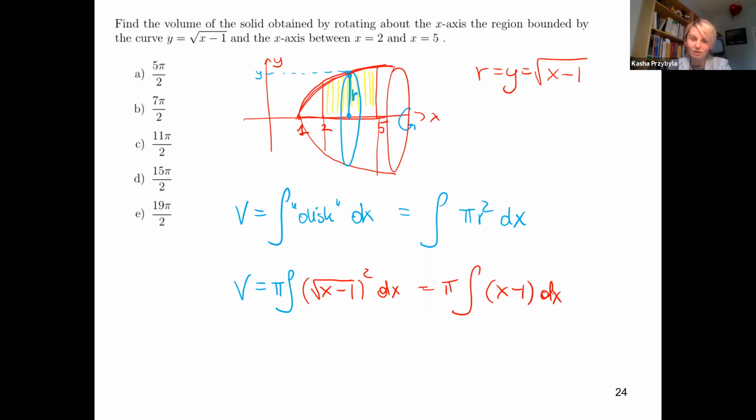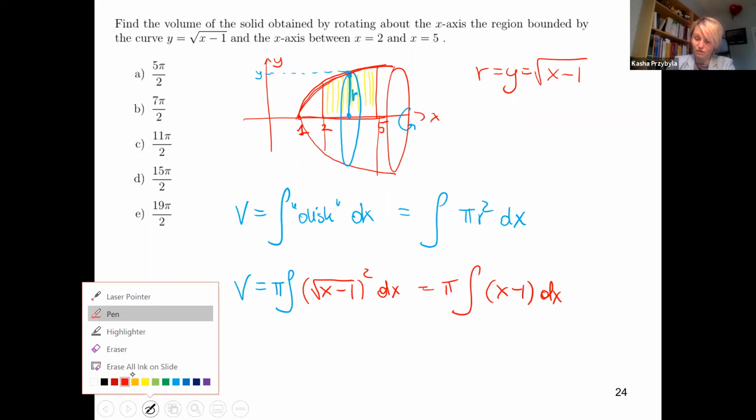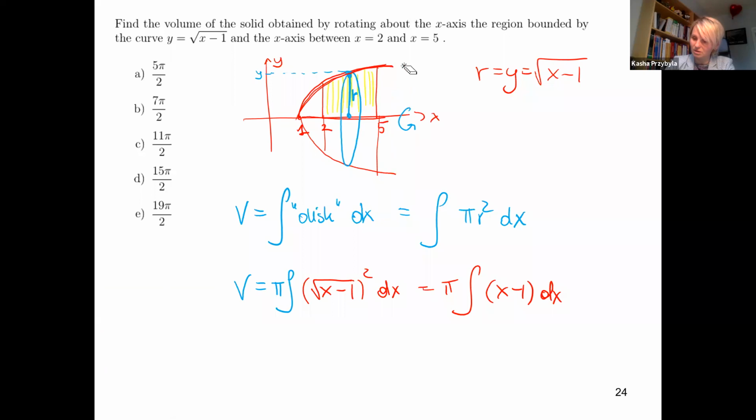Do you think you can tell me, you see the yellow slices? It's from 2 to 5. Hang on. I will put this again, but because this is our solid, right?